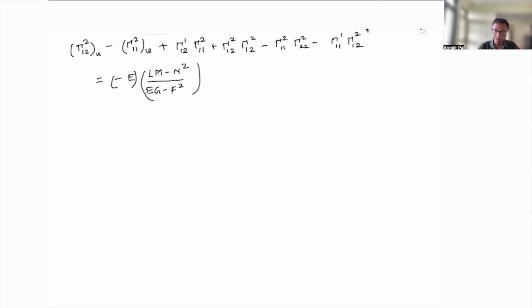So this in fact is the most famous equation given by Gauss. Now again, this is equal to minus E times K. So what is K?